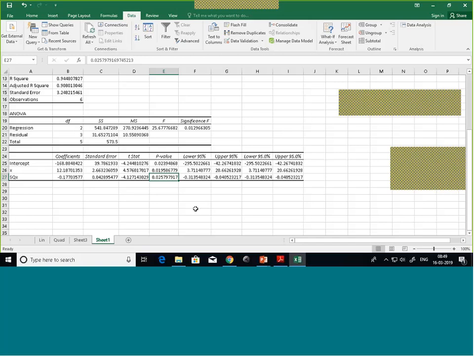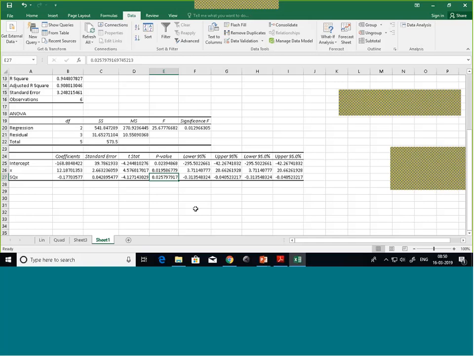So you see now, if you fit a B0 plus B1x model, the coefficient of determination is very low, overall significance is not there, individual significances are also not there. But if we fit a model B0 plus B1x plus B2x square, surprisingly the coefficient of determination and adjusted coefficient of determination are almost above 90%.